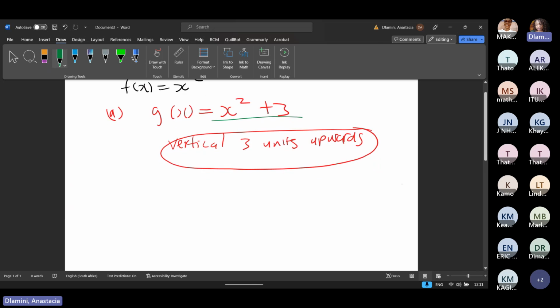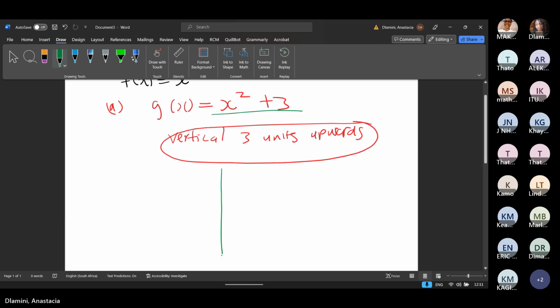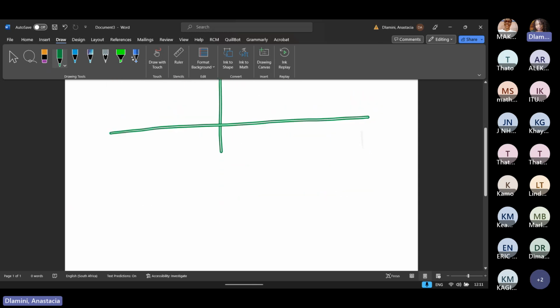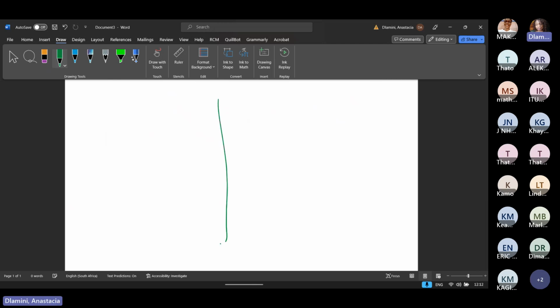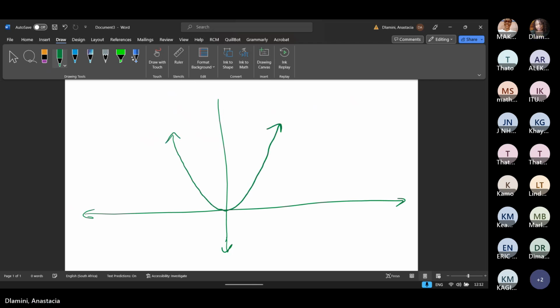Okay, let me do this. You start with your parent function, and you draw it like this. Isn't it that they gave you your parent function? Do you see that? So this is y is equal to x squared.